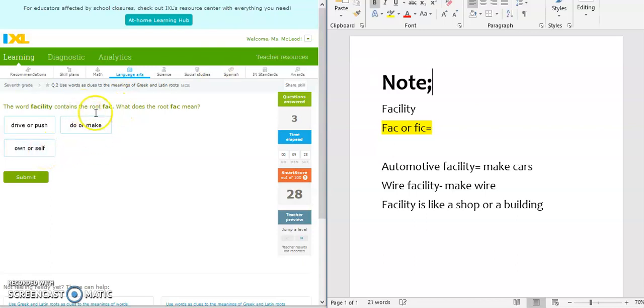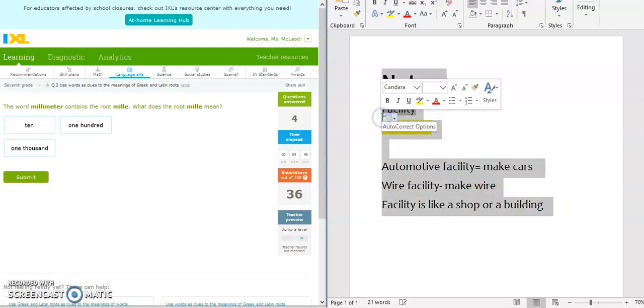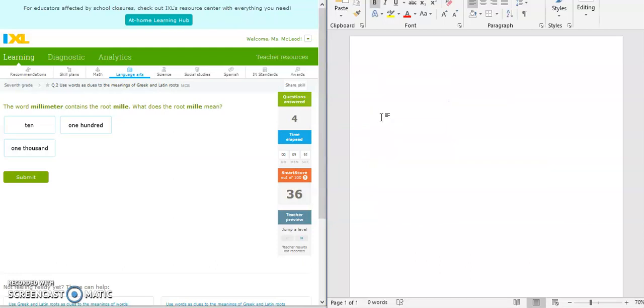Well, none of this really has anything to do with owning oneself. Oh, to do or to make. So let's hit submit. If you're struggling on this one, go back to Q1, and Q1 gave you most of the answers to these. So I'm going to erase my notes.